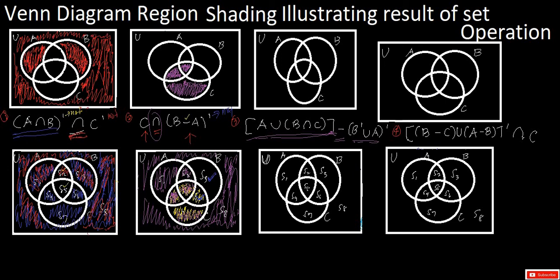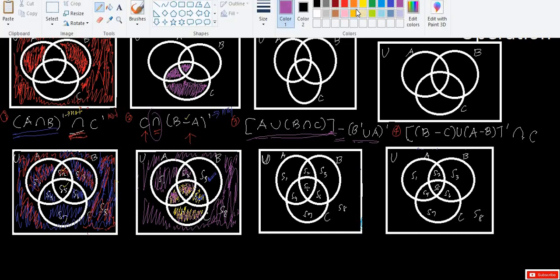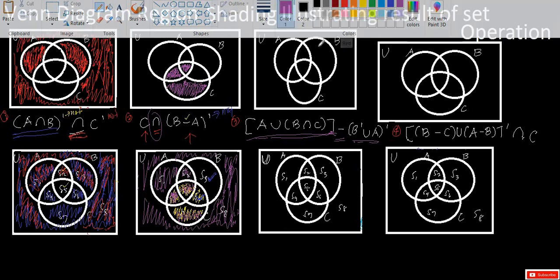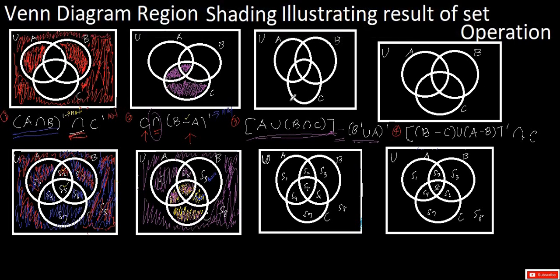So let's first use red color for the result of the operation A union the intersection of B and C. Let's perform first the operation inside the parentheses. So what are the regions which are the intersection of set B and set C? These regions are S sub 5 and S sub 6.